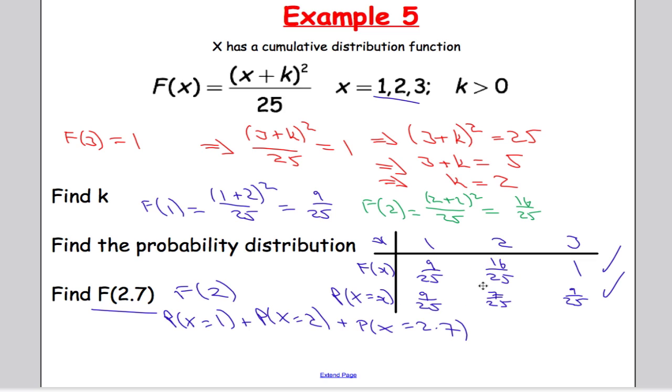But there is no value for that. That part here is 0. There is no value for that because the values you can take are only 1, 2, or 3. So this one is 0.